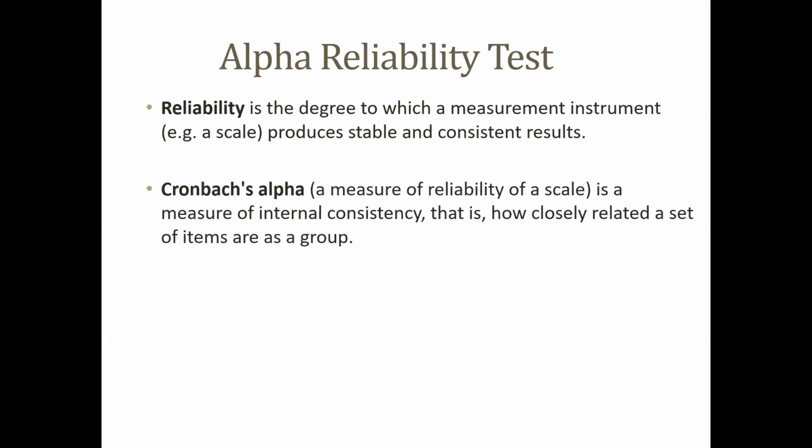So a specific measure statisticians use is what we call the Cronbach's alpha. It is a measure of reliability of a scale. It tries to measure the internal consistency, and consistency here is used to imply how closely related a set of items are as a group.